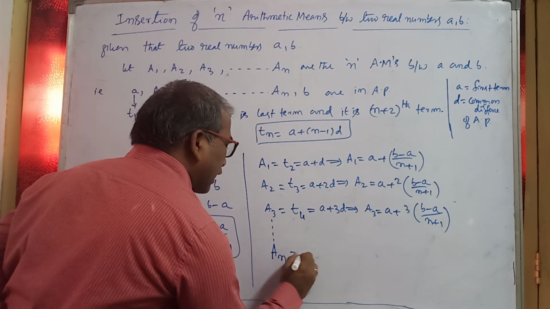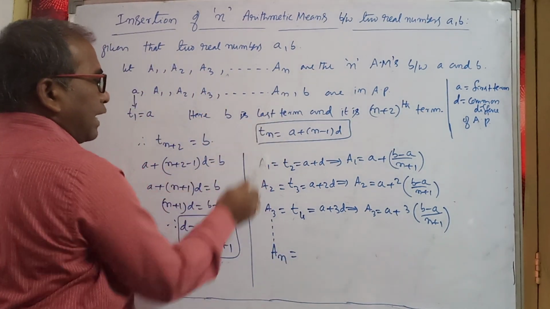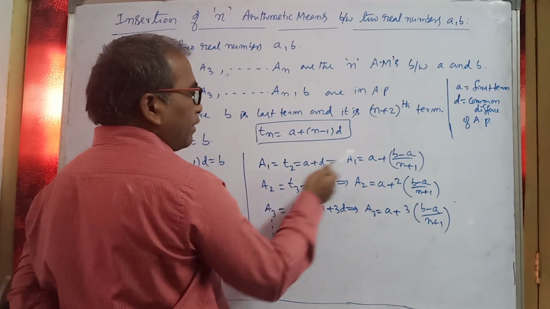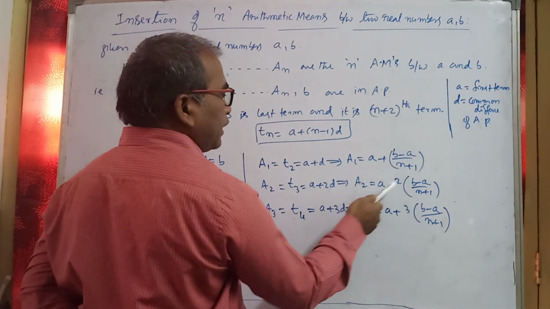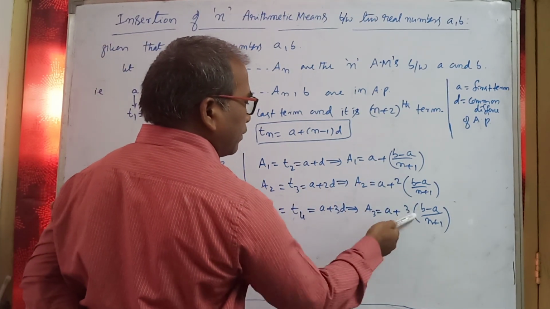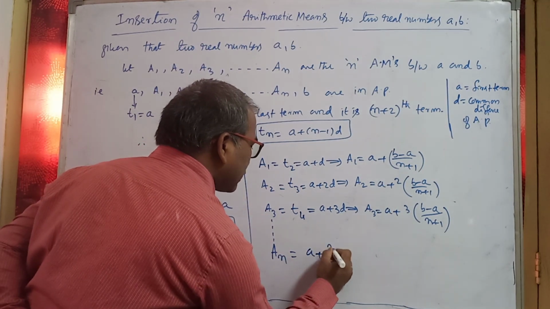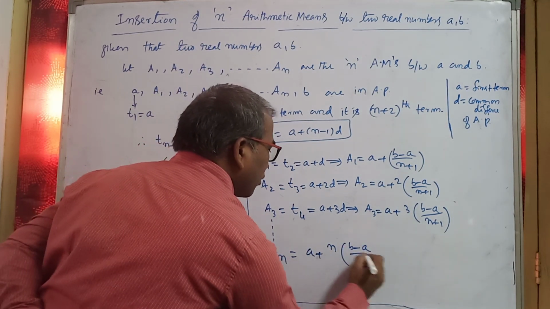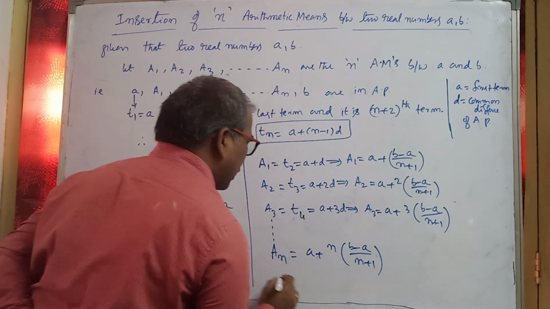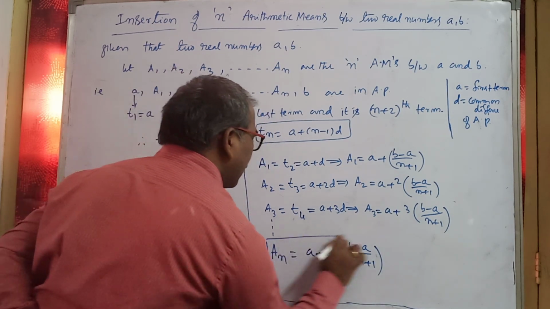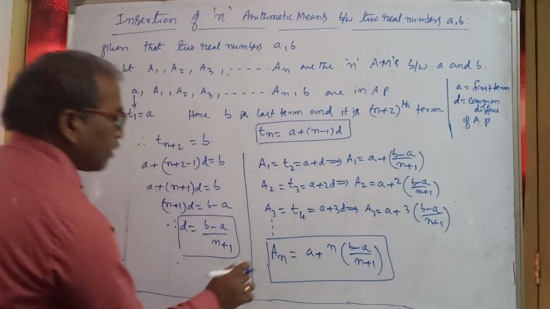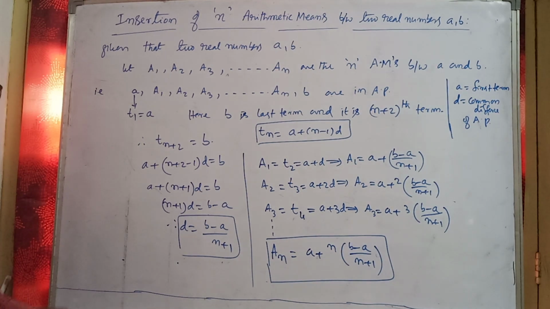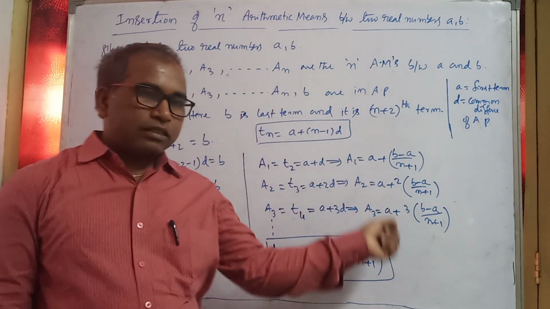If you want the nth term, An, see the observation: 1 means 1, 2 means 2, 3 means 3, n means n. So An is A plus n into (B minus A) by (n plus 1). Like this we can insert n arithmetic means between two real numbers.